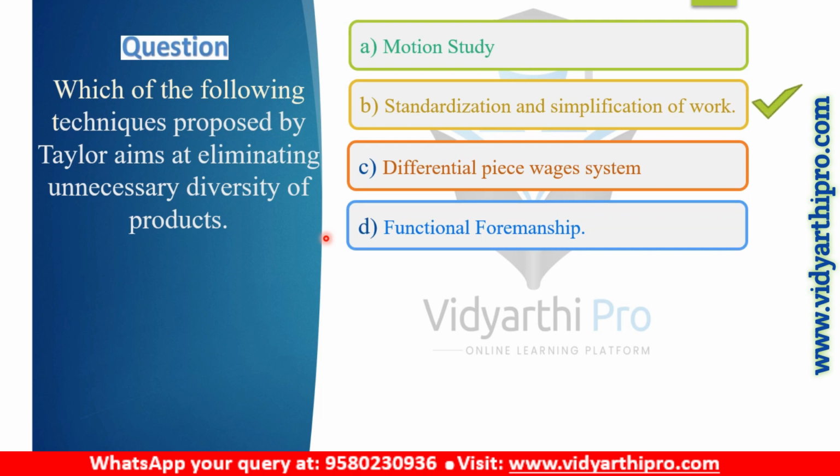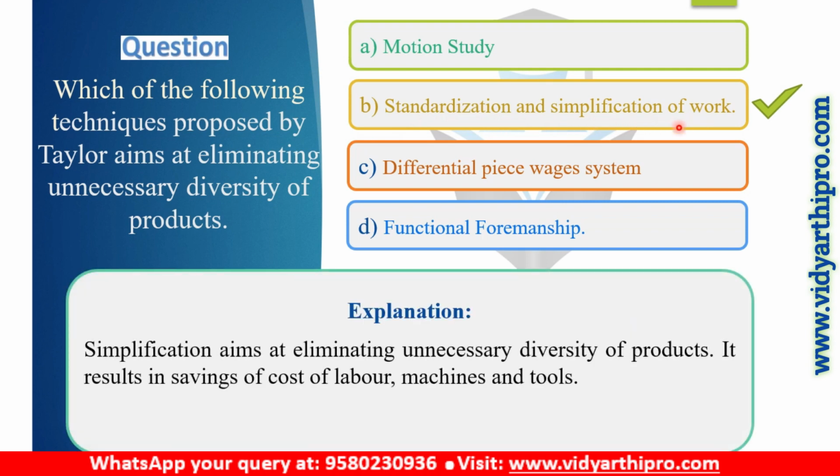And the correct answer for this question is option number B, standardization and simplification of work. Simplification aims at eliminating unnecessary diversity of products. It results in savings of cost of labor, machine and tools.